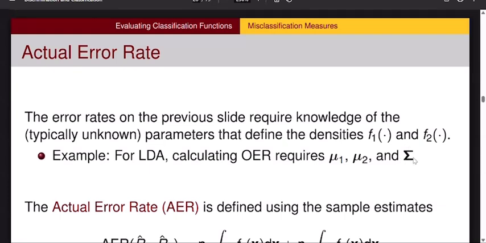You can see I did not say sigma 1, sigma 2, because we are assuming that the two classes have the same covariance structure. The only difference is the difference of means. But when I talk about QDA, quadratic discriminant analysis, you are going to have different covariance structures. But right now, the same covariance structure.